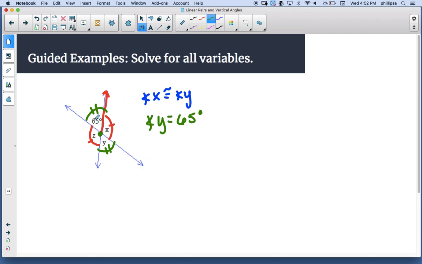Now, taking a look back at my linear pair here, I know that linear pairs are supplementary, so X plus the 65-degree angle would equal 180, and so then I understand that X has to be 115. And now because I already addressed that X and Y are vertical and congruent, I know also that angle Y is 115.